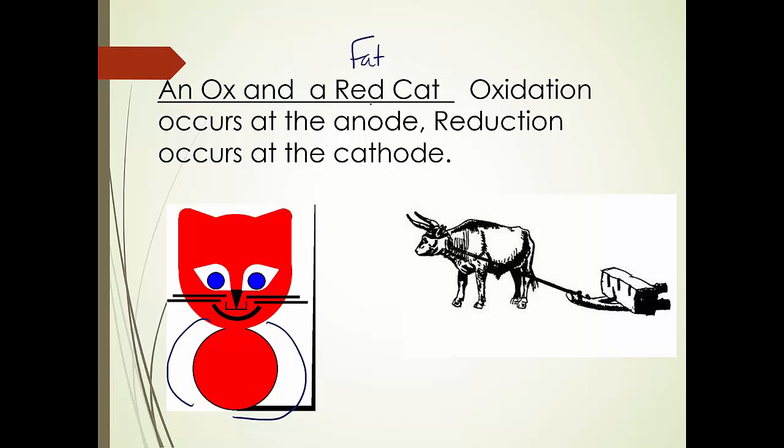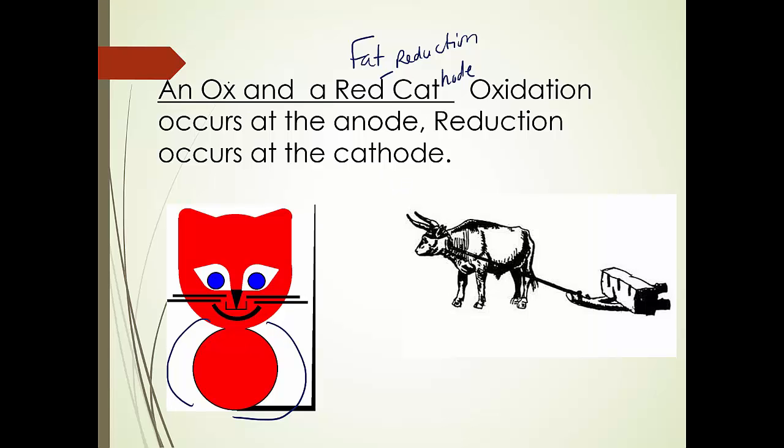Why do we have a fat red cat? Because red cat means reduction is the cathode, and it's fat because they're the ones that are going to gain mass. So that's why you have a fat red cat.